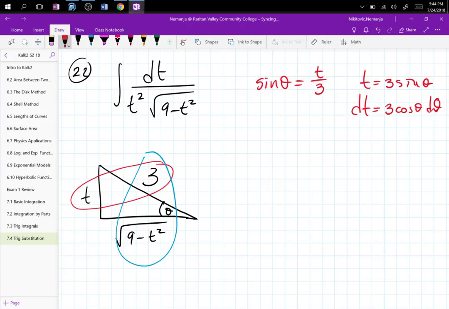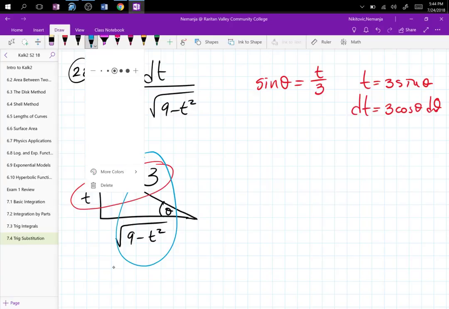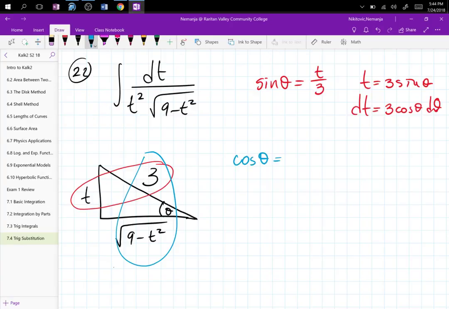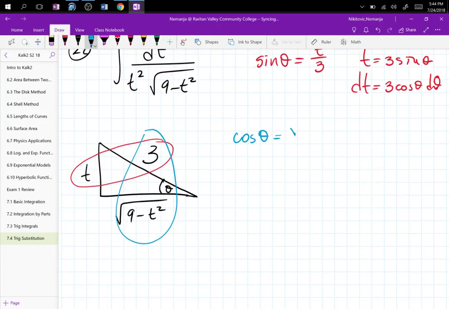We need this piece, right, because we have to replace dt. We also, for the first time, have t to replace. It's t squared. Now the blue equation is going to be cosine theta, which is the square root of 9 minus t squared over 3. From where we know that the square root of 9 minus t squared is 3 cosine theta.